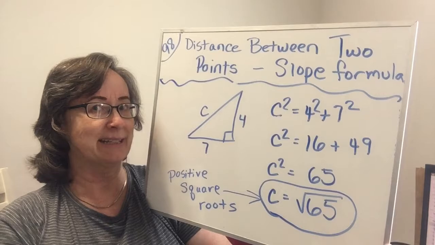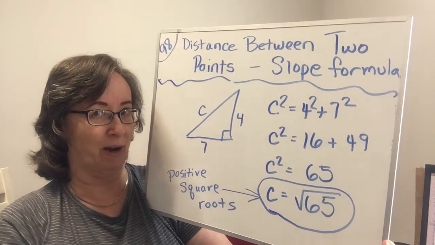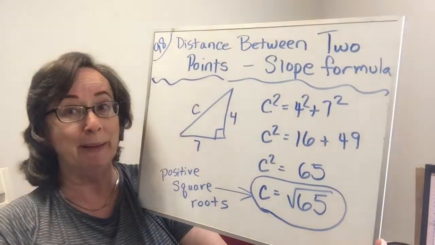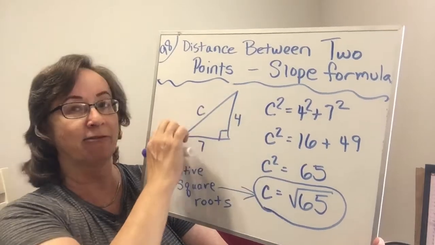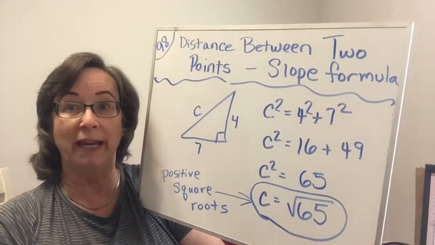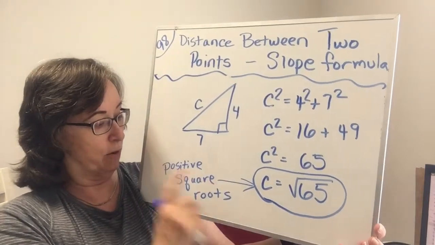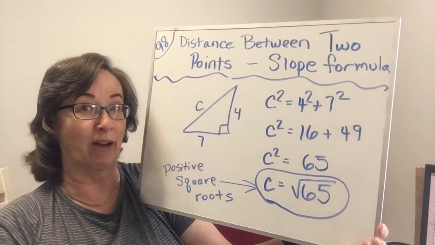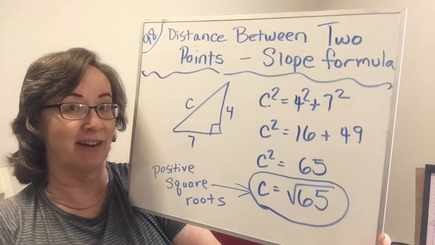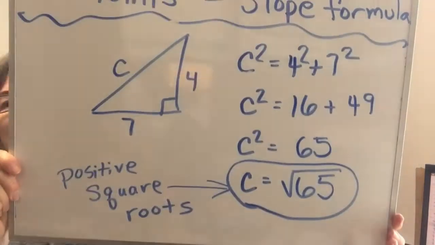Now remember, 65 has 2 square roots, but because we're looking for a side length, we only take the positive of the 2 square roots. So positive square roots will be all that we're using when we're trying to find distance.